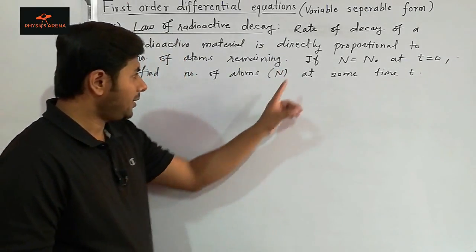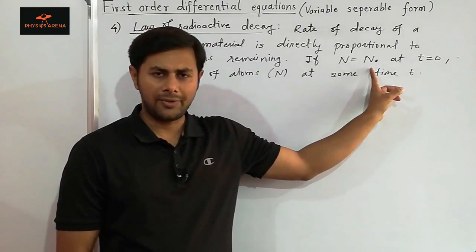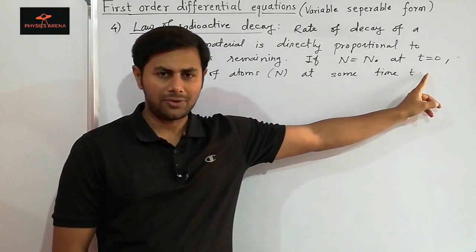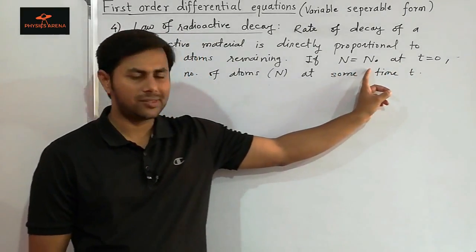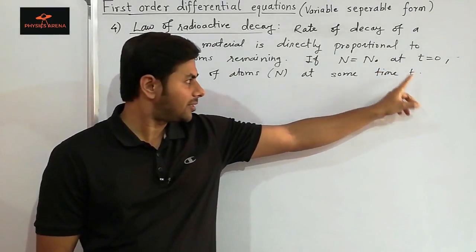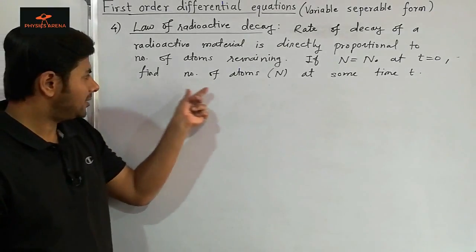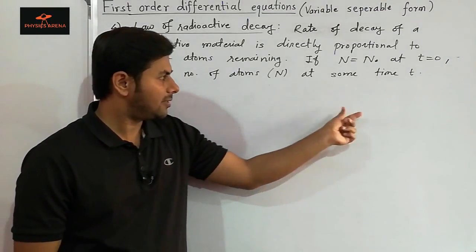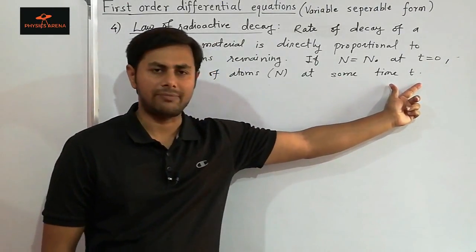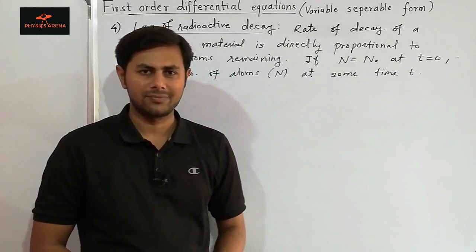Okay, and if N equals N naught at t equals 0, so the number of atoms at the starting is N equals N naught, then find the number of atoms N at some other time, t.